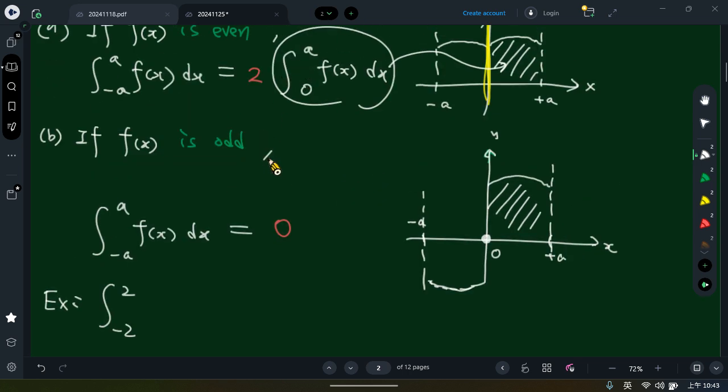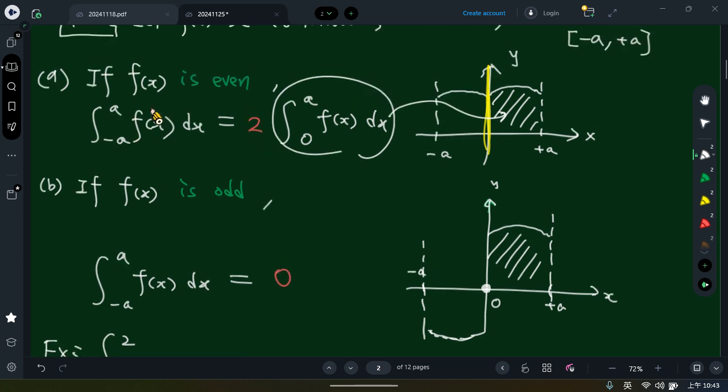Otherwise you cannot. Of course you can still follow the original method, but if we follow the symmetric property, it can save you some effort.